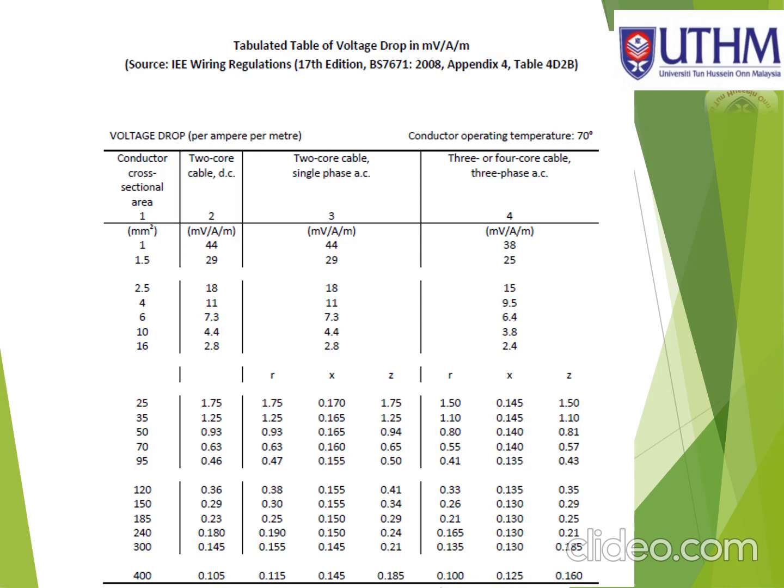Here is the size of the cable, you can see here, and then this is the value for mV/A/m. There are two core cable columns here. This one is for 2 core cable single phase, and this one is for 3 or 4 core cable for 3 phase.